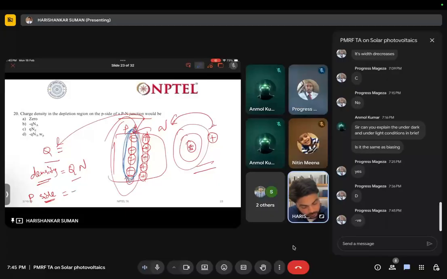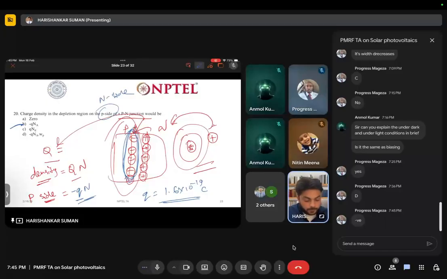So q is the small charge, the electronic charge, 1.6 times 10 to the power minus 19 coulomb. This is a fundamental quantity. And if the question asks about the n side, which option will be correct?